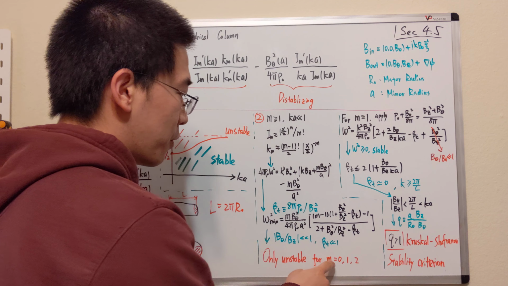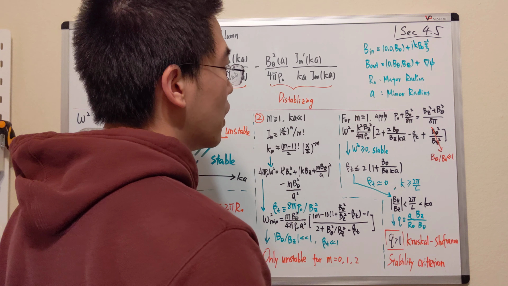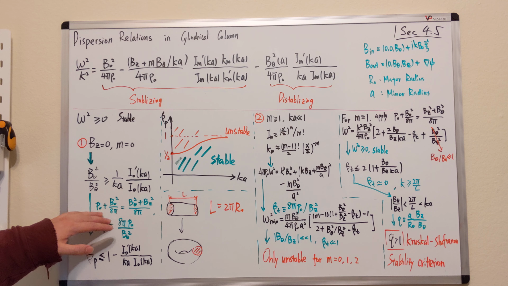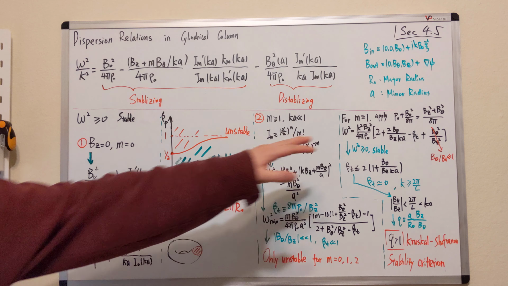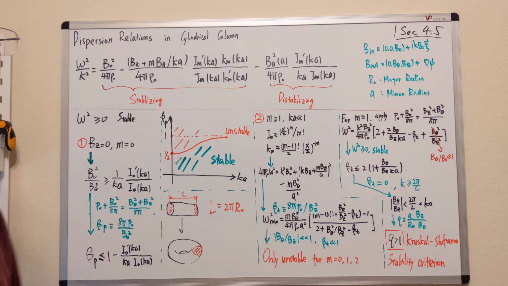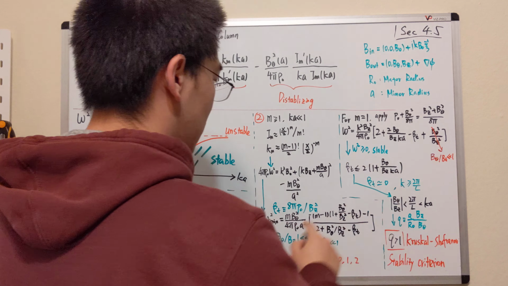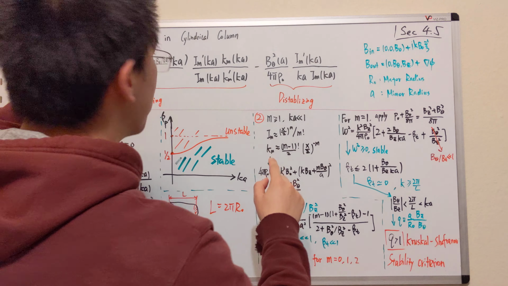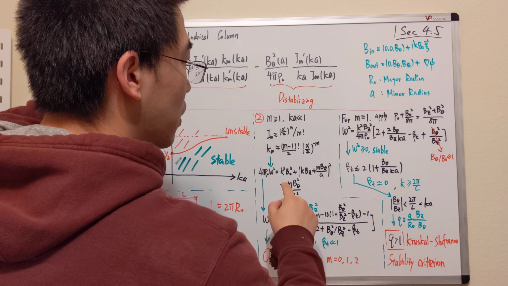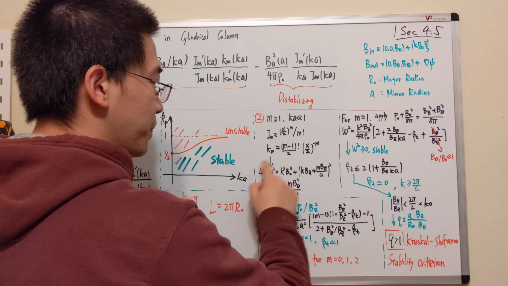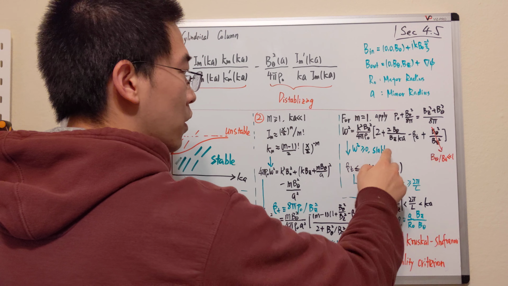So let's study when m equals 1. If we do similar algebra in terms of the boundary condition of the pressure balance, we'll have this. We go from this expression to here.